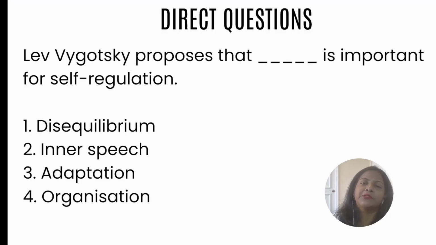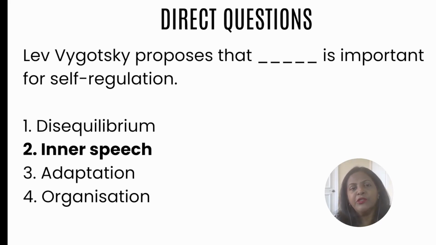Generally, CTET has looked at only 1 or 2 fill in the blanks at the most. An example of this would be: Lev Vygotsky proposes that dash is important for self-regulation. The 4 options given to fill in this blank are disequilibrium, inner speech, adaptation, and organization. So we know that Vygotsky proposes that inner speech is important for self-regulation.